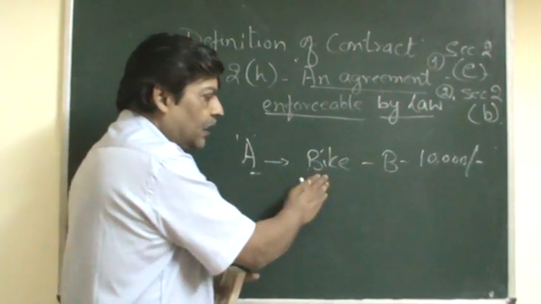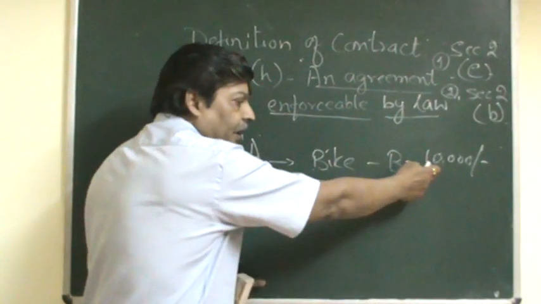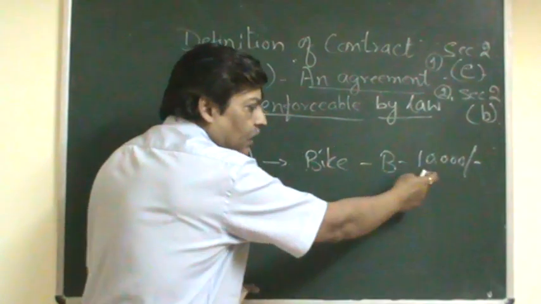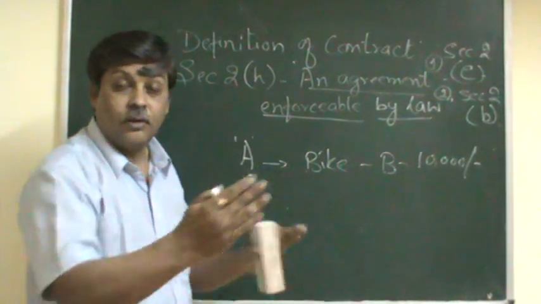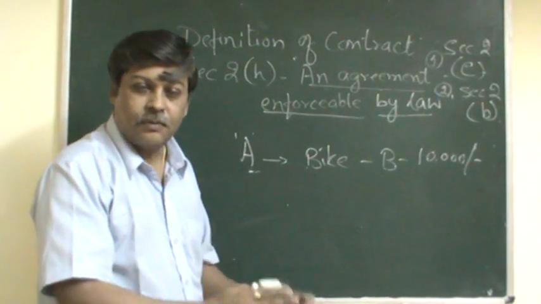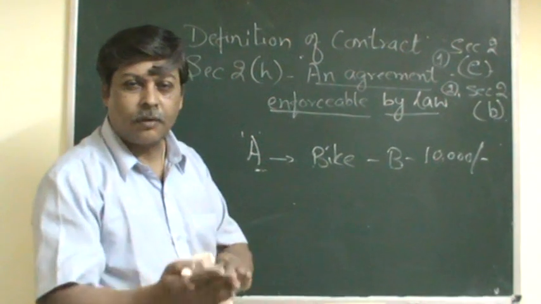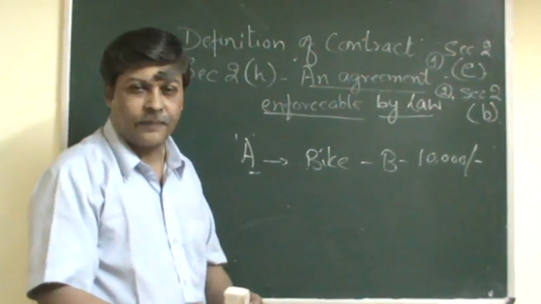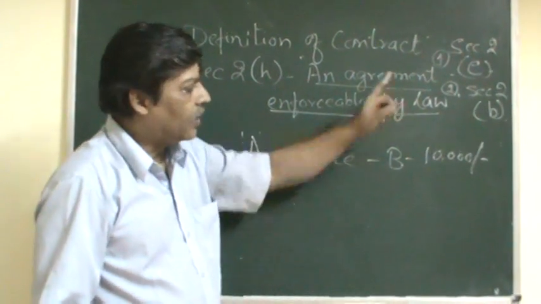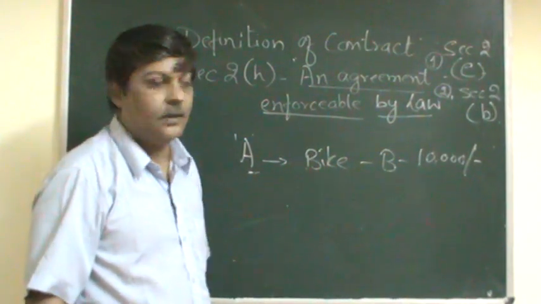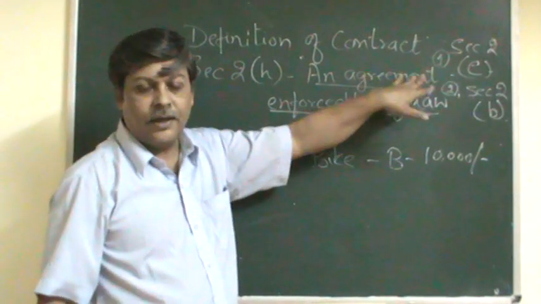A is selling his bike and in return he will get 10,000. B is giving 10,000 rupees and in return he will get the bike. So a set of promises forming consideration to each other is an agreement. That is what the word agreement means. This is how you have to try to understand.